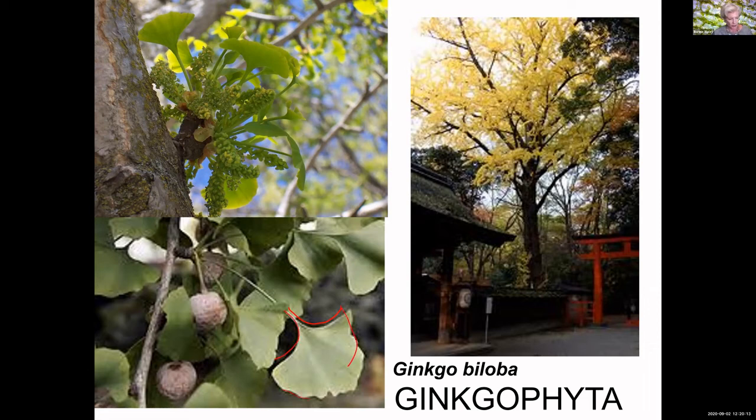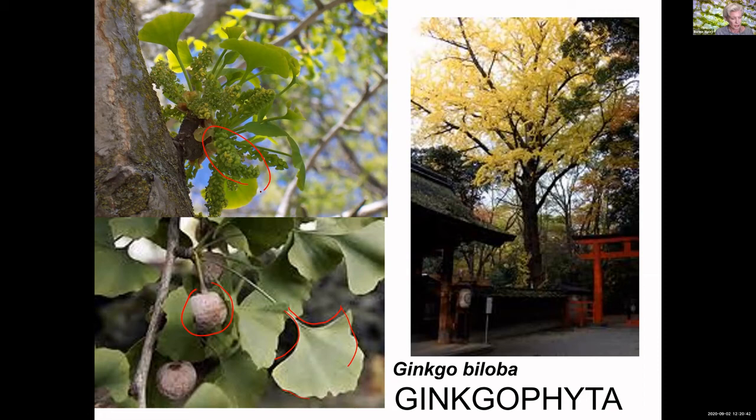It looks like it has some kind of berry on here. That's actually a cone. And these guys sort of look like they might be flowers, but they're a cone. So if you recognize this tree and say that it's a ginkgophyte, it is a vascular plant with seeds and pollen. But what does it not have? It doesn't have flowers or fruits.